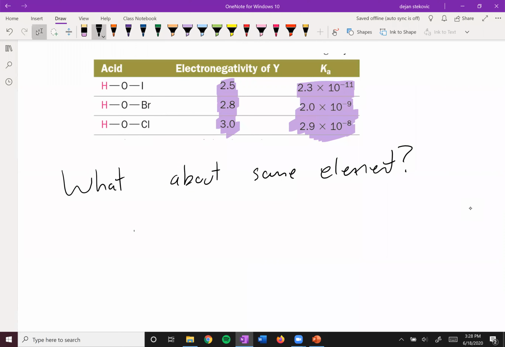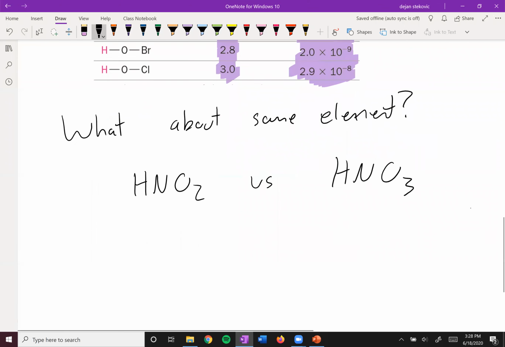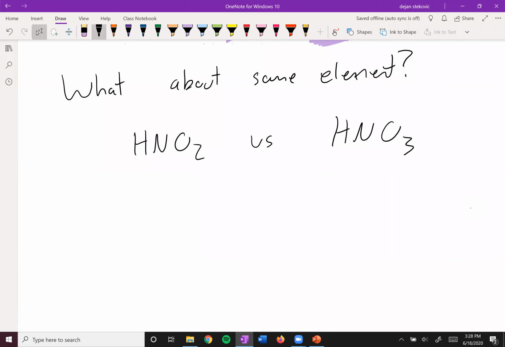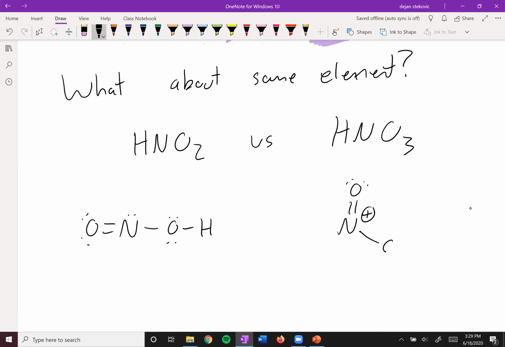So for example, HNO2 versus HNO3, nitrous acid versus nitric acid. Well, let's draw their Lewis structures. Right, and so we can tell immediately a big difference, right?